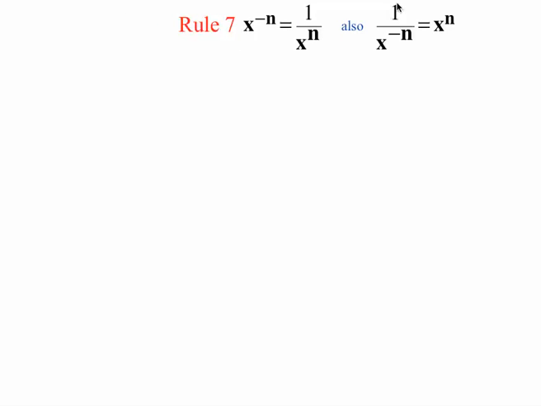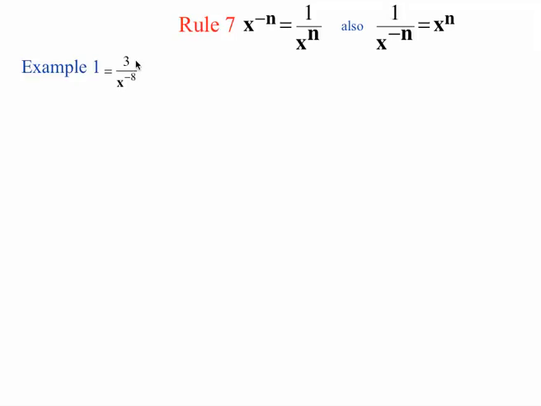Or if you have 1 over x to the negative n, with the negative exponent in the denominator, we move it up to the numerator and it becomes a positive exponent. The negative exponent is like a little alarm system saying, I'm on the wrong floor. If you're in the numerator, move down to the denominator. If you're in the denominator with a negative exponent, move up to the numerator with a positive.